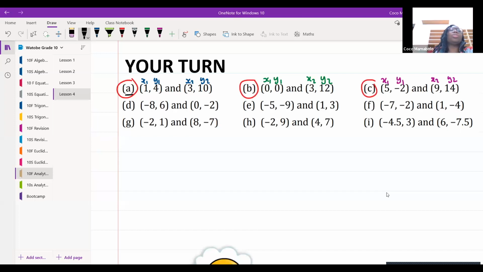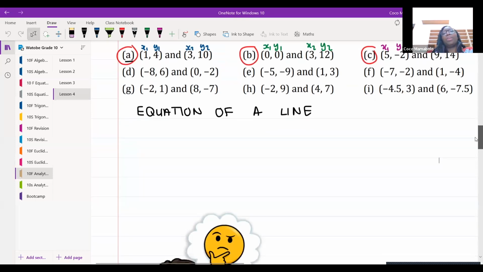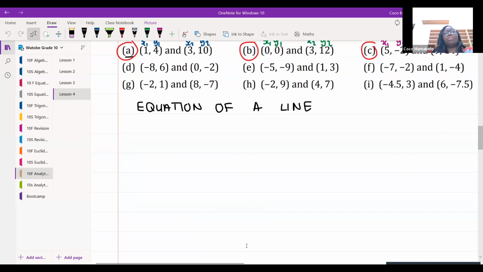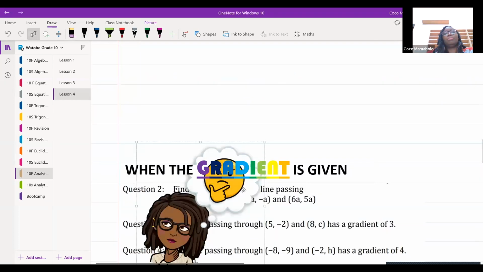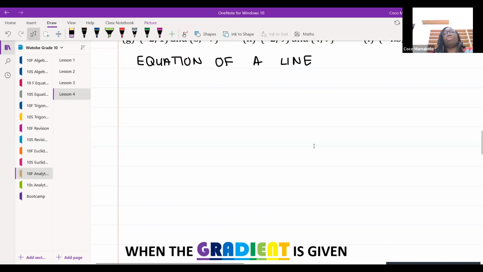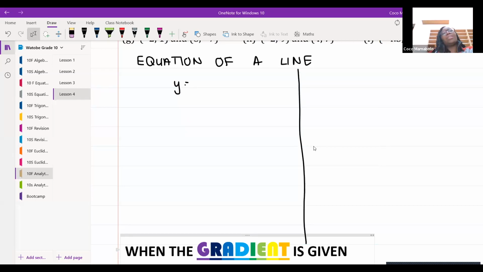We're going to use this and look at the equation of a line, but I'm going to use 2 different methods and 2 different formulas, so I need you to stay with me. We are all familiar with this formula: y is equal to mx plus c.